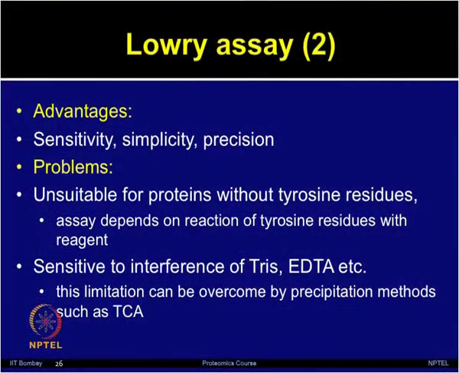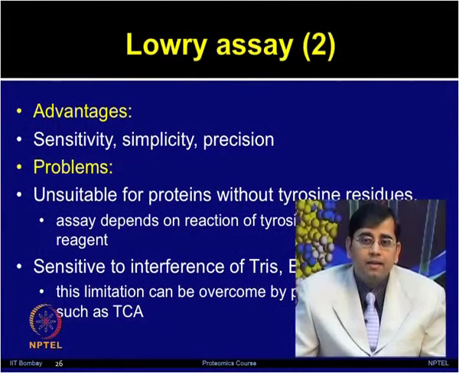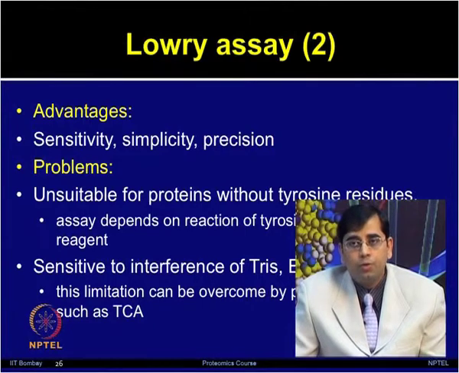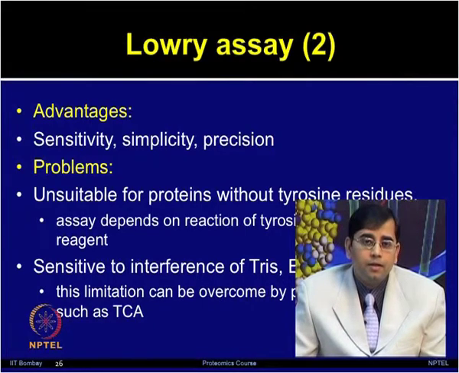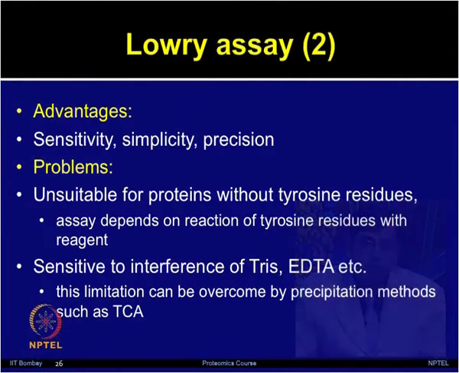One of the problems of using this assay is that it is unsuitable for proteins which do not contain aromatic residues such as tyrosines. This assay depends upon the reaction of tyrosine residues with the reagent. So, if you do not have the tyrosine amino acid in your protein sample, then it will not be suitable.